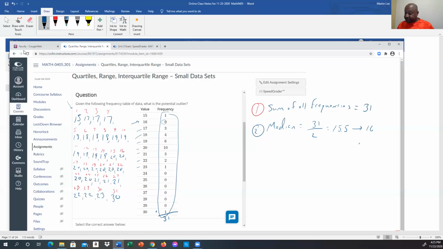So the 16th value in this frequency table is my median. The 16th number is here, and that number is 20. So the median is 20.